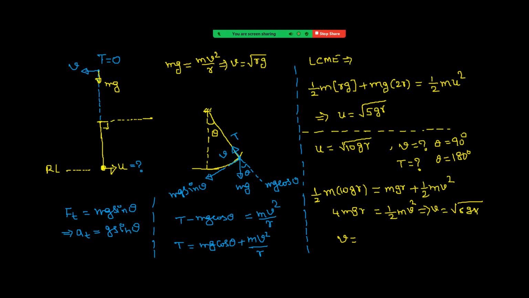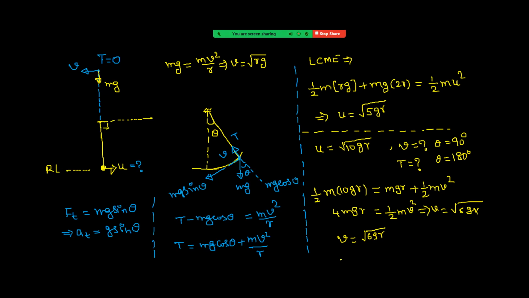See carefully, 5mgr, this becomes 2r, theta is 180. 5 minus 2 is 3, 3 times 2 is 6. So v value is root of 6gr. That means at the highest point the velocity is root of 6gr. So like this, using energy conservation, we can find velocity at any point. Right? So now we have to calculate tension.